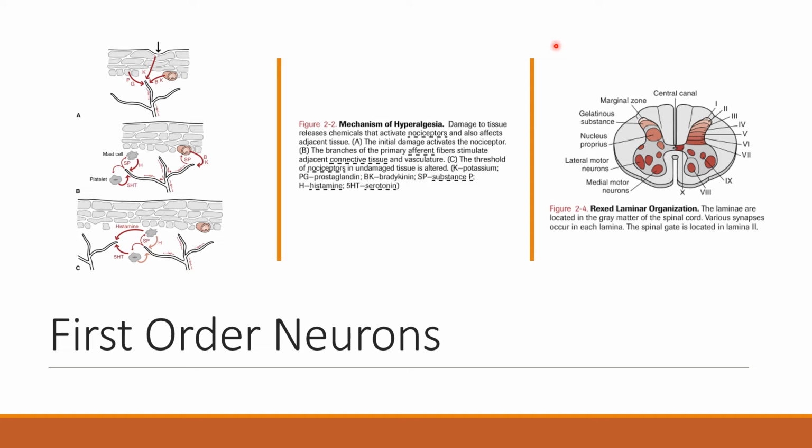So wrapping up the first order neurons, regardless of the type, we can see here what occurs after the initial injury. We have a release of potassium, prostaglandin, bradykinin from the different structures that stimulate the primary branches of the first order afferent nerves.